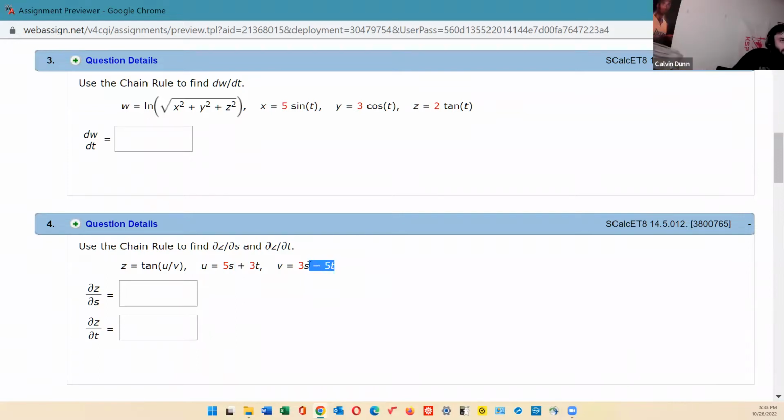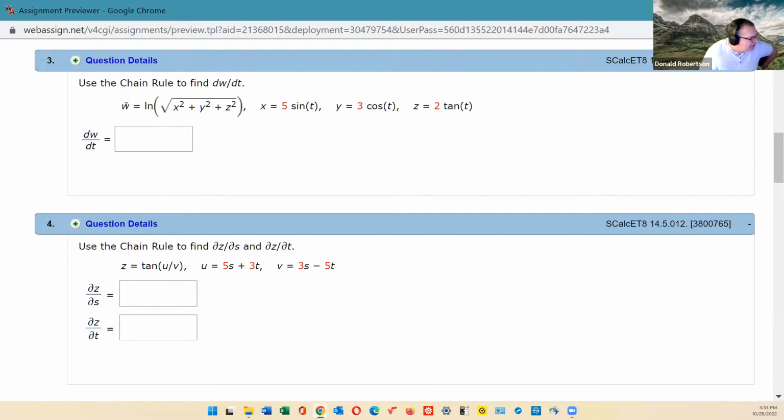Professor, just real quick, is there necessarily a difference between how the dw/dt is written in 3 and how the dz/ds is written in 4? Like, because one has a normal d, but then the other ones have fancy d's. Yes. The normal d, that's question 3. The reason that has a normal d in it instead of a partial, which is what the delta symbol looks like, that's delta, but it's a d, right?